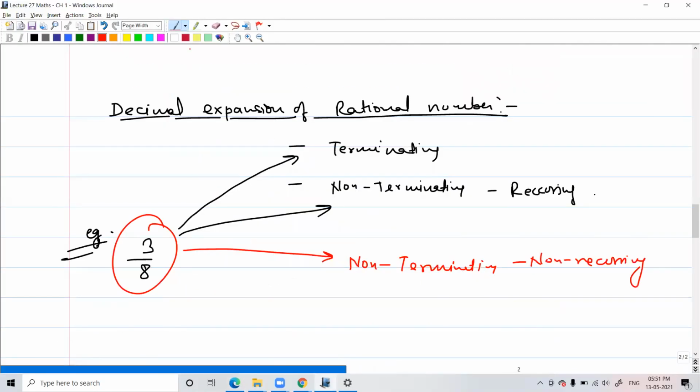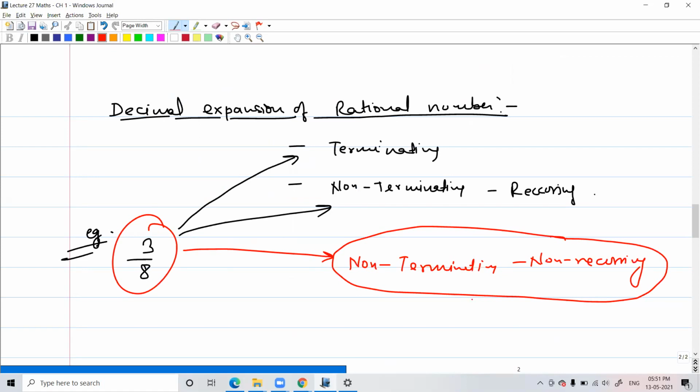If something is non-terminating, non-recurring, what kind of number is it? It will become an irrational number. Correct? If something is non-terminating and non-recurring, it will become irrational. Okay, guys, just confirm once.